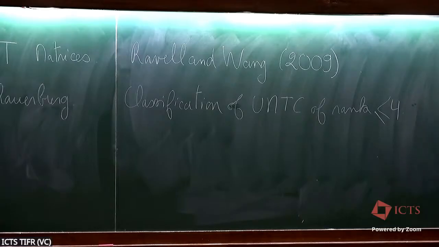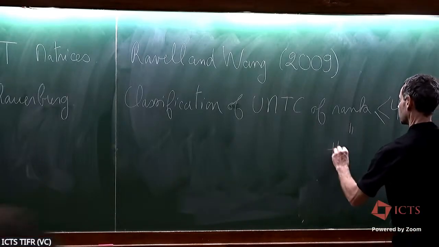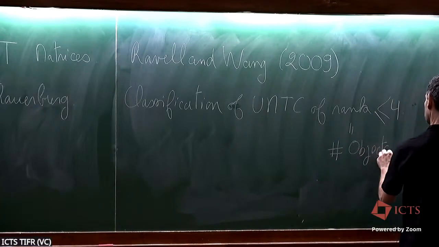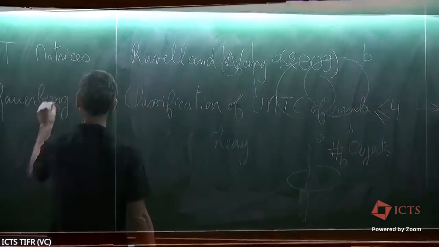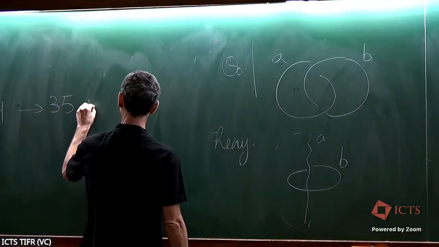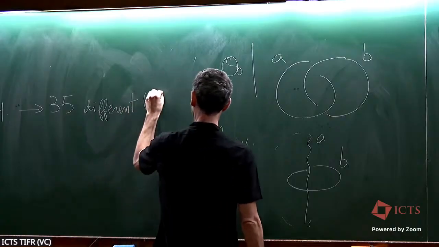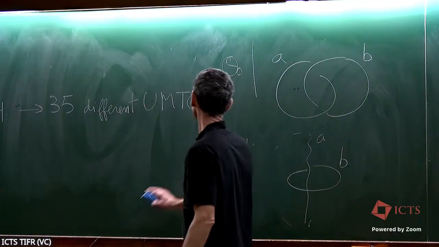That's very cool. Yes, the rank is the number of objects. And they found 35 different UMTC.